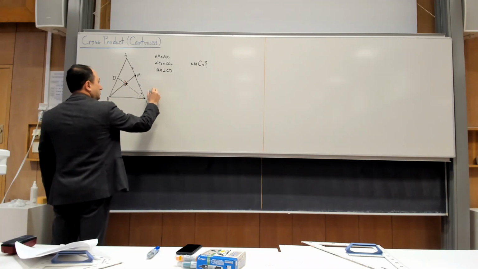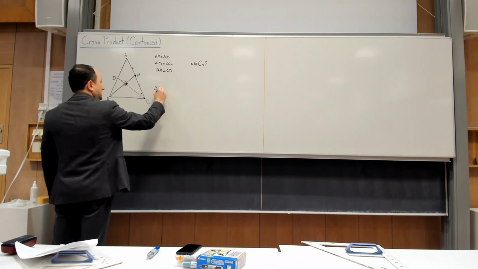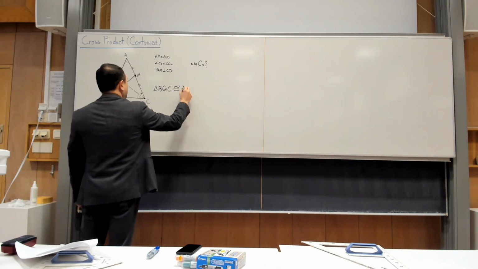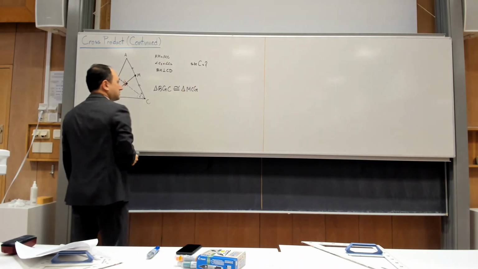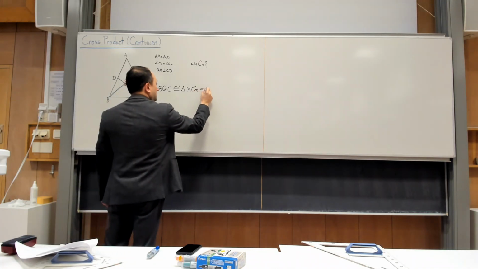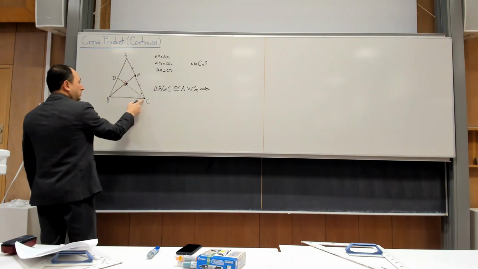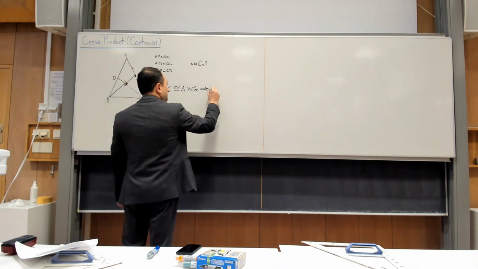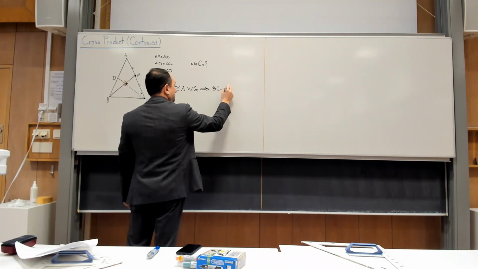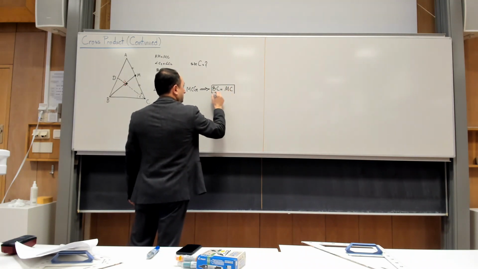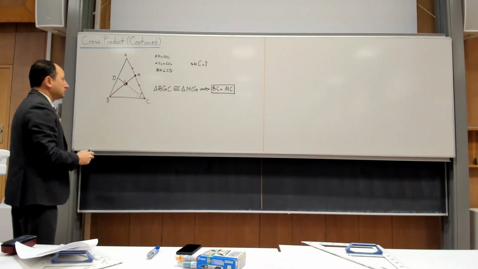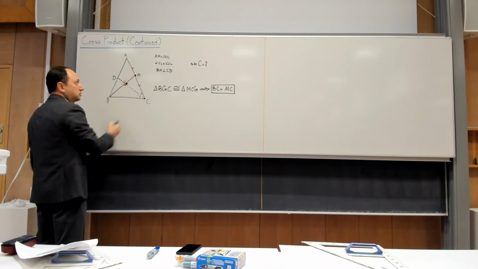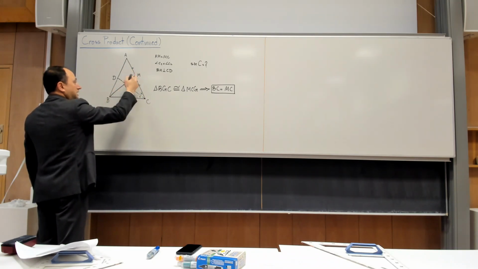So it means that triangle BGC is congruent to triangle MCG. Yes? And then I can conclude immediately that the corresponding elements, for example BC and CM here, are the same. But on the other hand, MC is also equal to AM, because of that assumption that BM is the median.